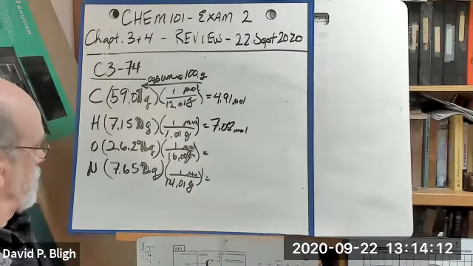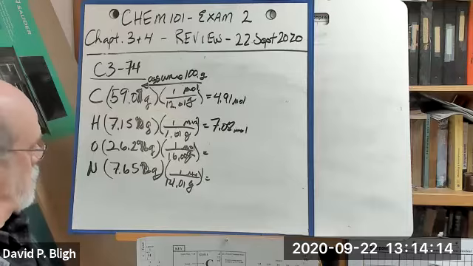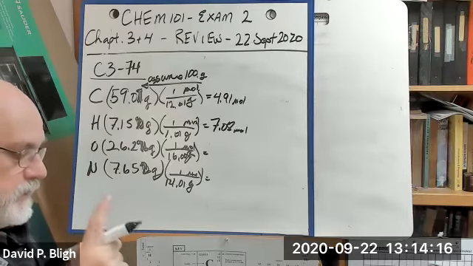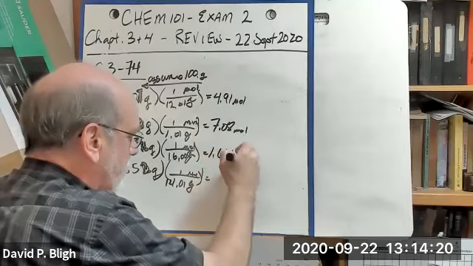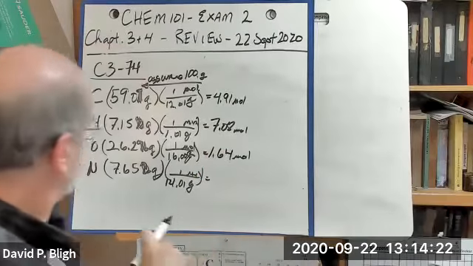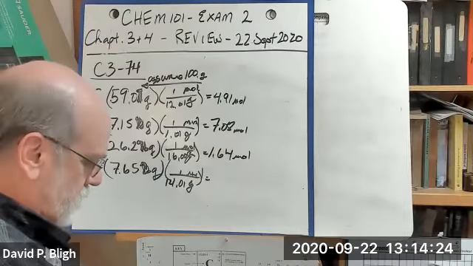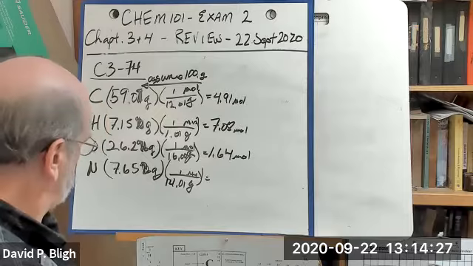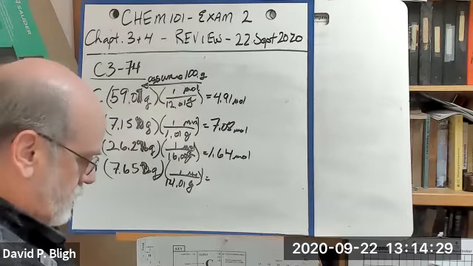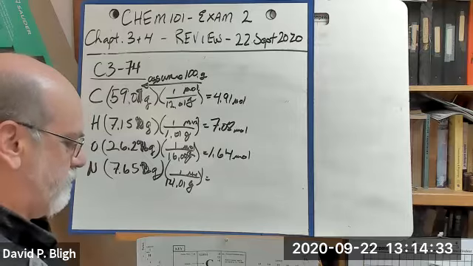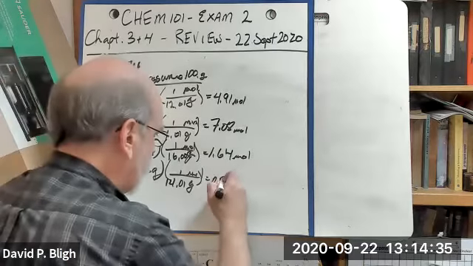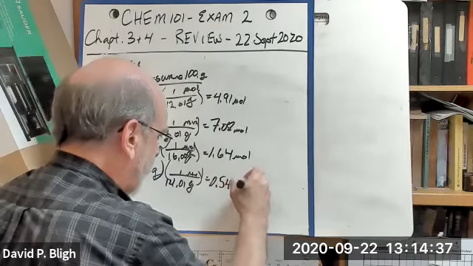Oxygen, 26.2 divided by 16 is 1.64. Okay, and nitrogen is 7.65 divided by 14.01 is 0.546. Okay.